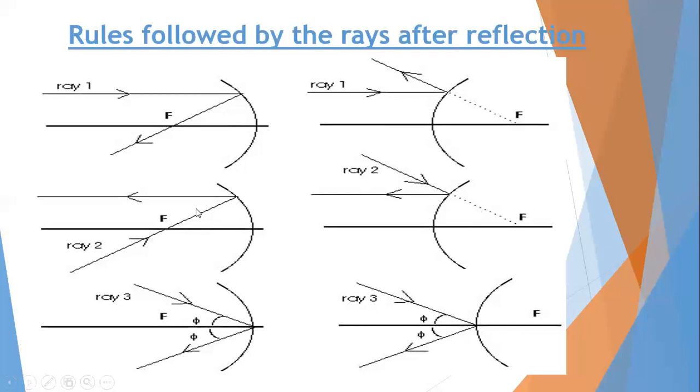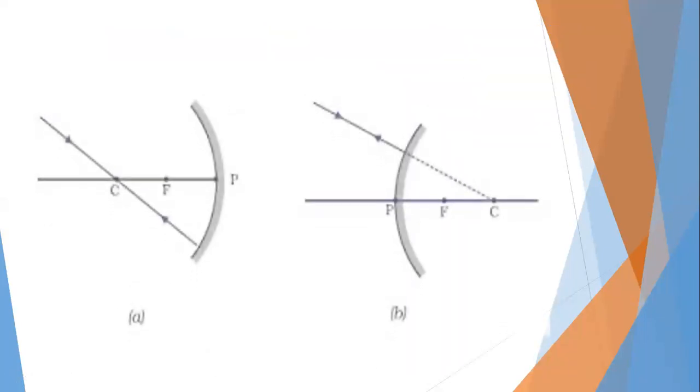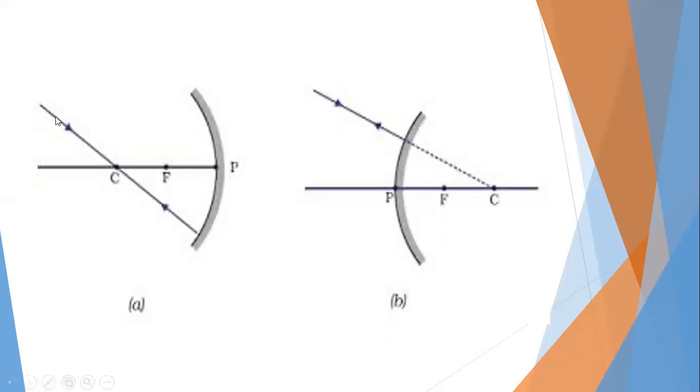There is one more rule. If a ray which passes through the center of curvature falls on the concave mirror, it reflects back in the same direction, that means through the center of curvature.